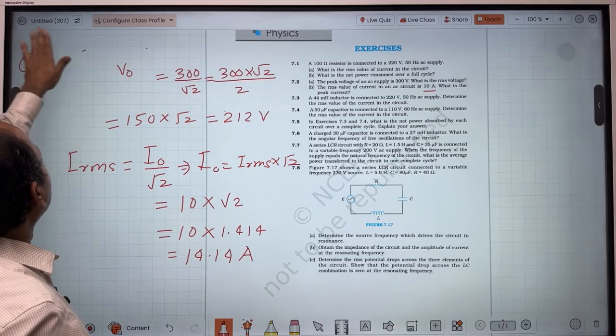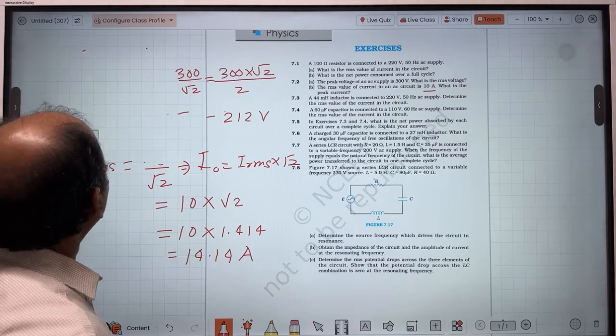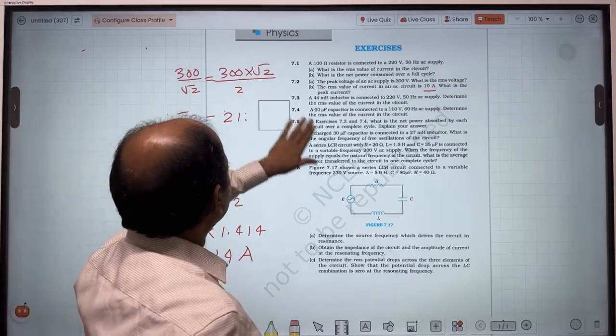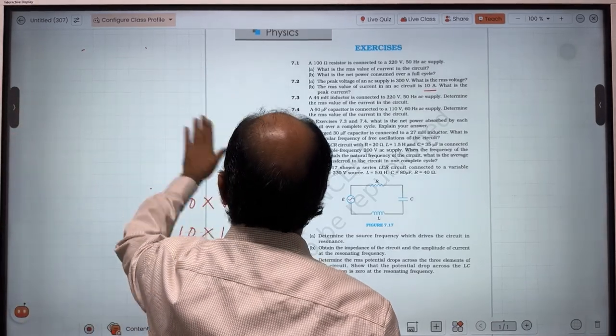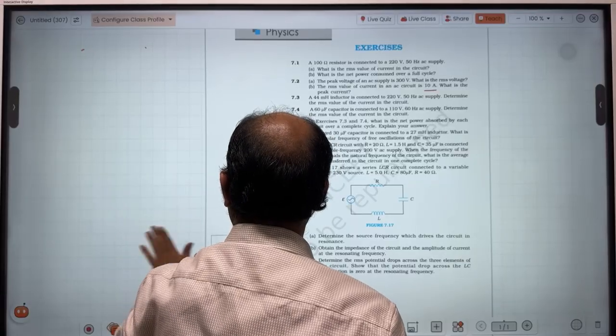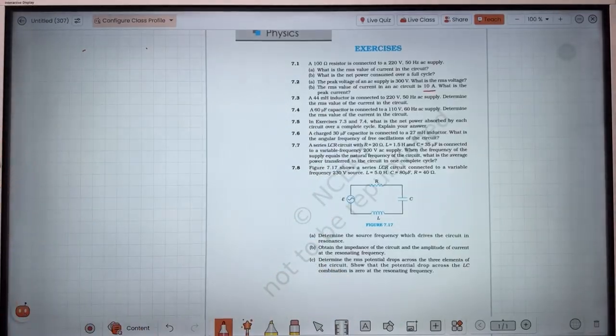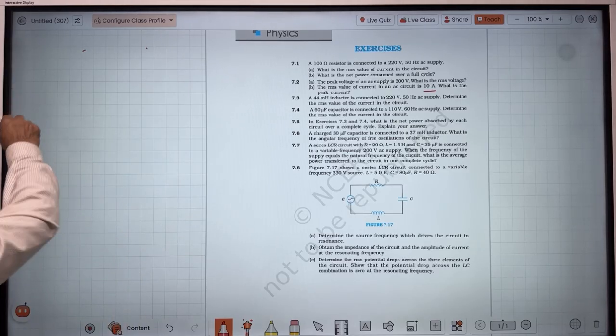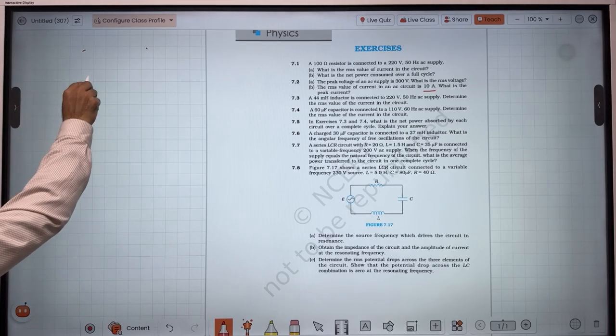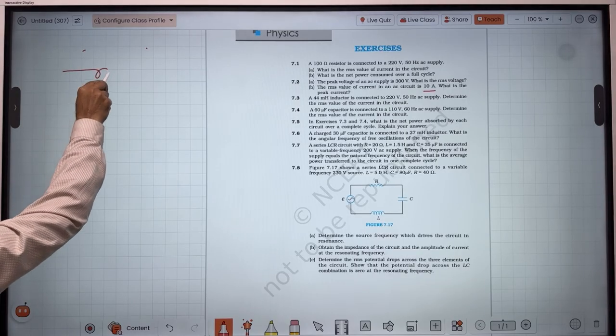So the next question says, a 44 millihenry inductor is connected to 220 volt 50 hertz supply. Determine the RMS value of the current in the circuit. So the situation is like this.